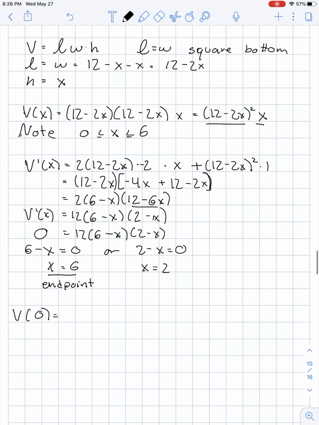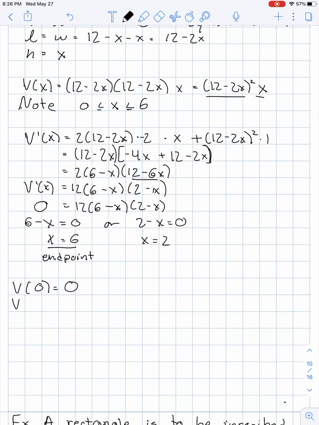So we'll do V of 0. Remember, V is 12 minus 2X squared times X, so that's going to be 0. V of 2 will give me 2 times 2 is 4, so 12 minus 4 is 8. So we're going to get 64 times 2, which is 128.